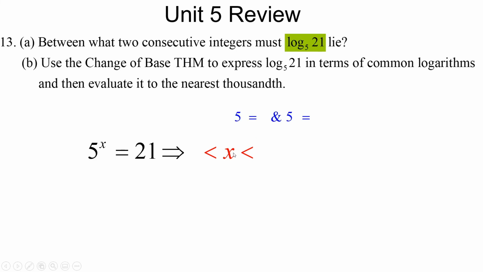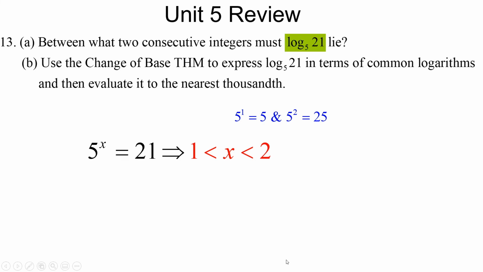So I'm thinking to myself, isn't 5 to the first power 5? And isn't 5 to the second power 25? And isn't 21 between that 5 and that 25? That means my x would have to be somewhere between 1 and 2, and obviously a lot closer to 2.